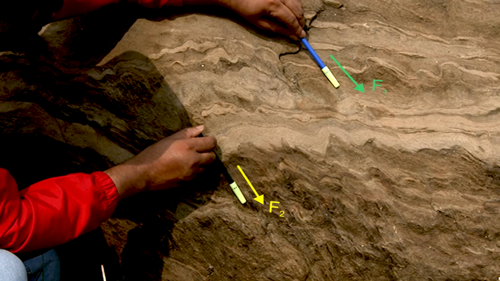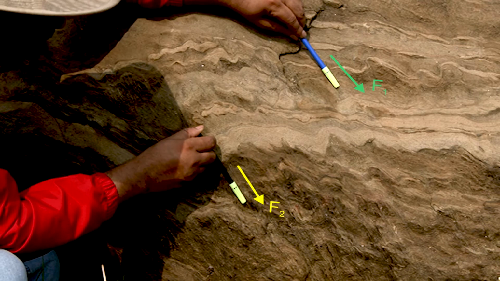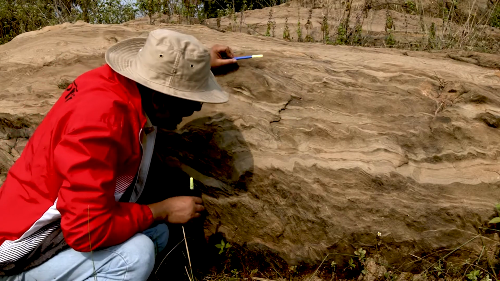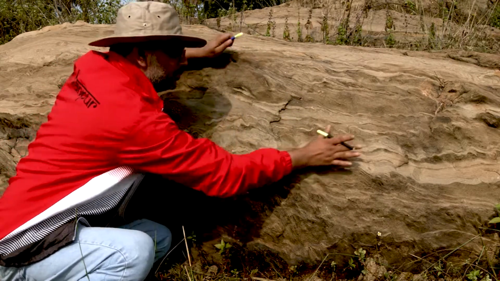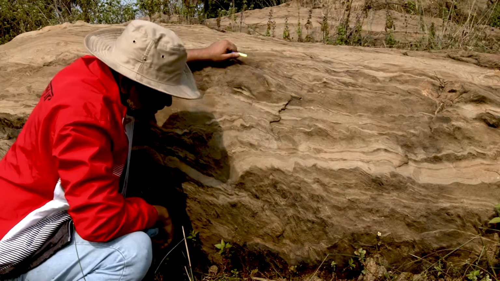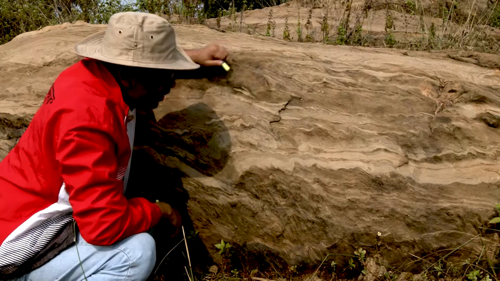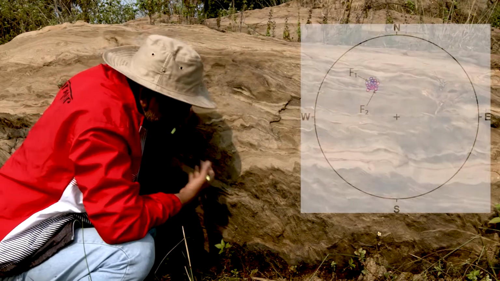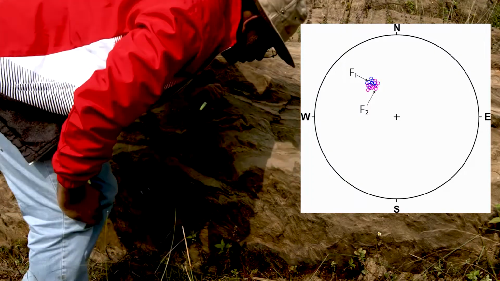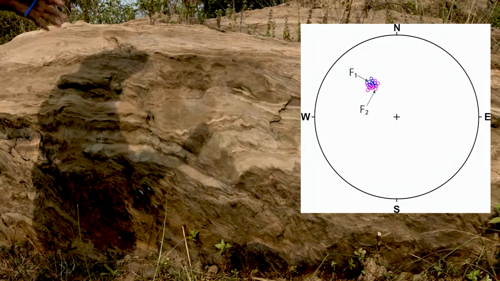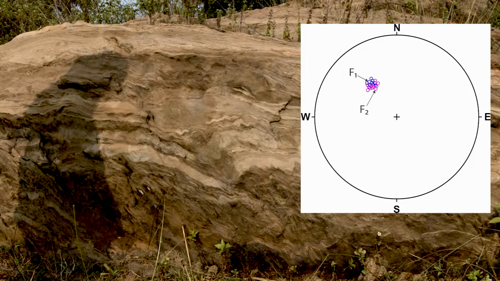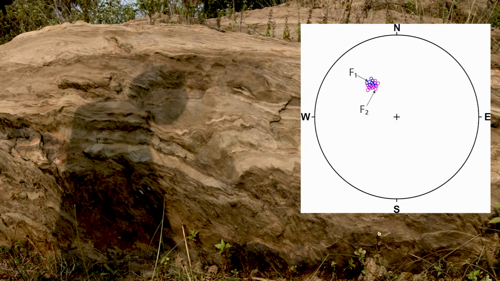So, we again conclude from this exposure that F1 and F2 are coaxial. To prove it further, we have measured the data from all these places, and we also got some direct fold axis measurement of F1, and we plotted them on the stereo net, and then we will see how we can actually tell what is the deformation features or related geometries in this area.